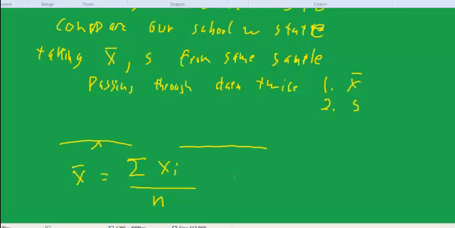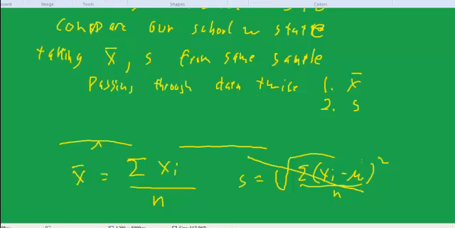But the sample standard deviation, if we were taking a standard deviation around the true mean, would be the square root of the sum of xi minus mu squared over n, but we don't have the true mu.